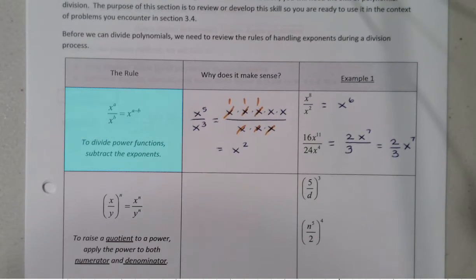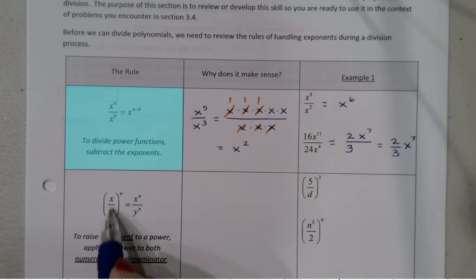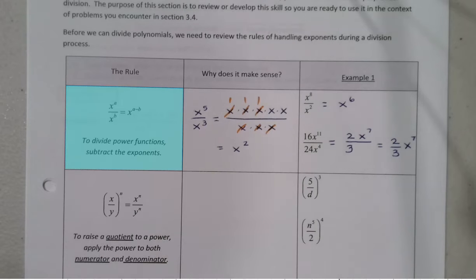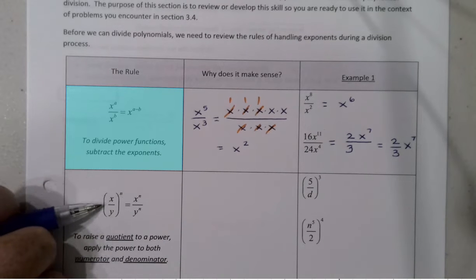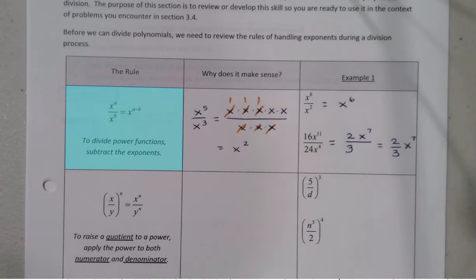All right, my second rule. If I have a fraction or a quotient, all in parentheses raised to the nth power, I can apply that exponent to both the numerator and denominator. So to raise a quotient to a power, apply the power to both numerator and denominator. Again, a quick example to kind of show you how this works.